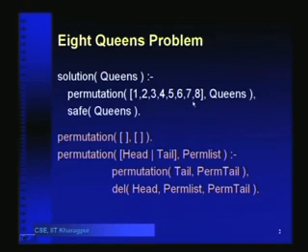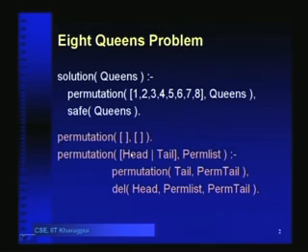So, that you cannot have 2 queens in the same column is implicit from the formulation, and you cannot have more than 1 queen in a row is implicit from the fact that it is a permutation of these 8 distinct numbers. But we also need to check the diagonals. So, that is why we have this additional predicate safe queens. So, this queens list is a permutation of this list and it has to be safe.